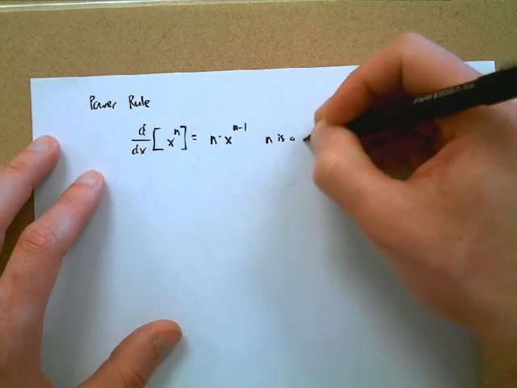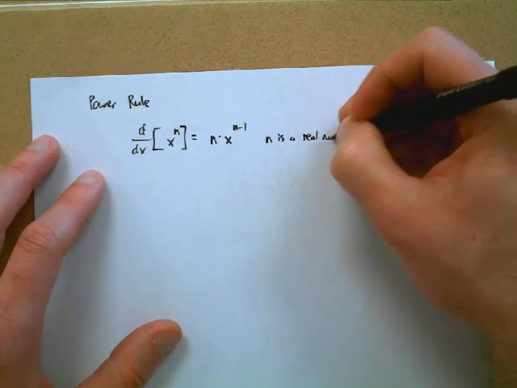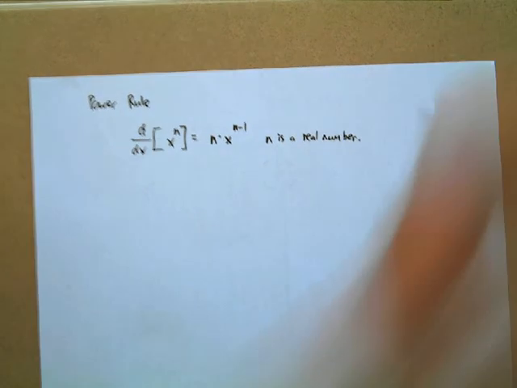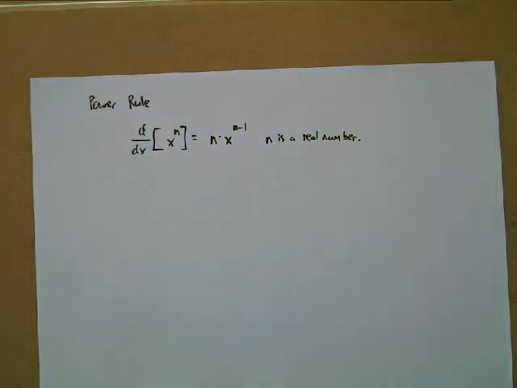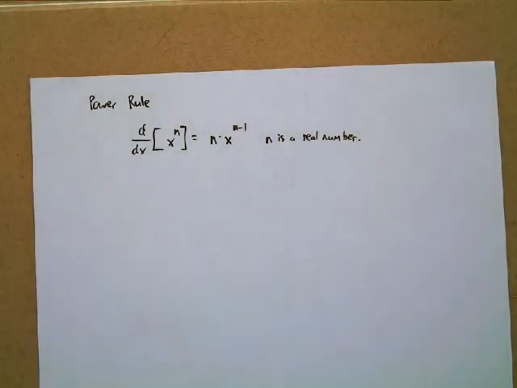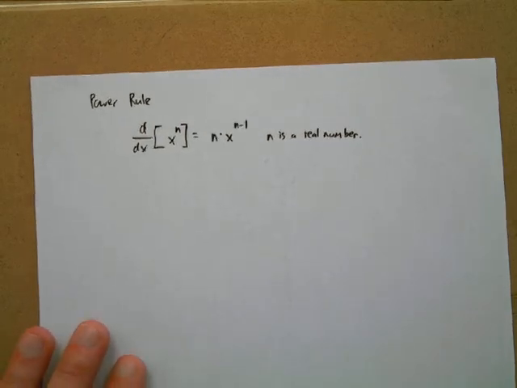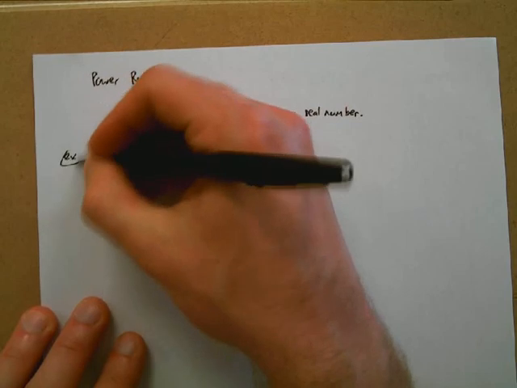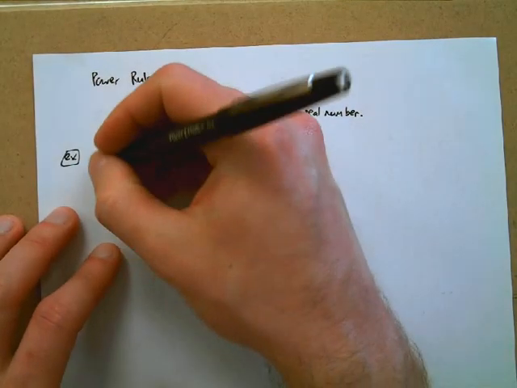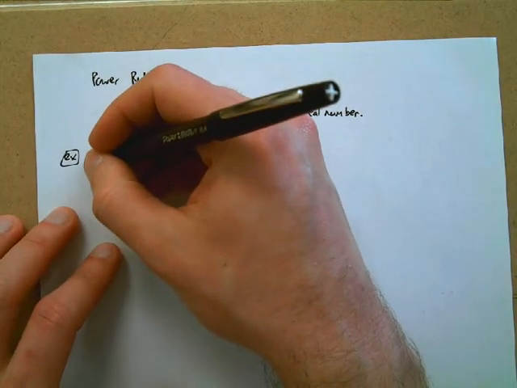Okay, so let's do some examples here real quick without using the limit definition. For example, our directions here are to find the derivative of each function. Okay, so number 1, f of x equals x to the 4th, so f prime of x.